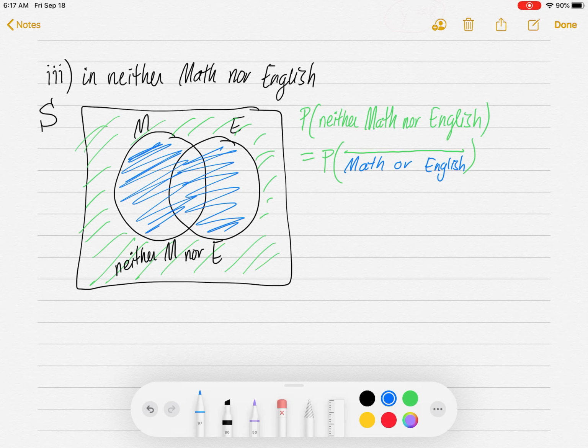It's what is outside of math or English. So if we use the complement rule, it's what? 1 minus the probability of math or English.